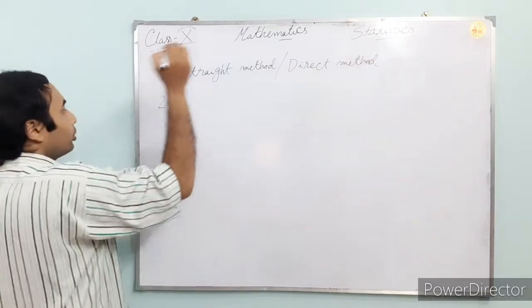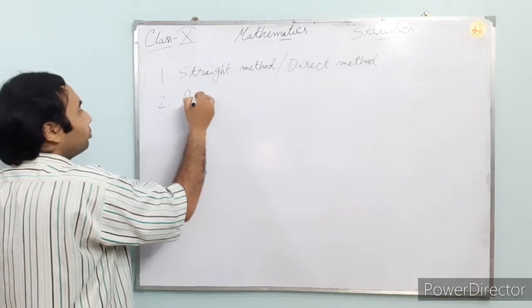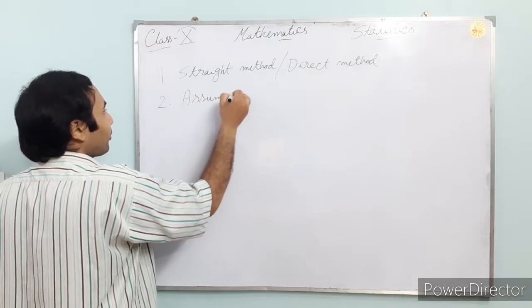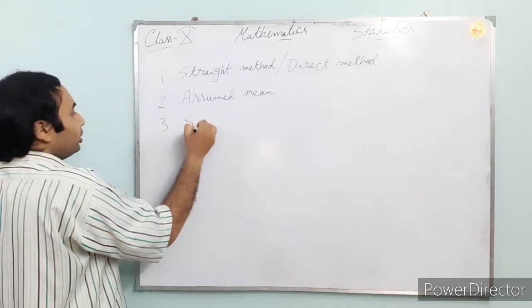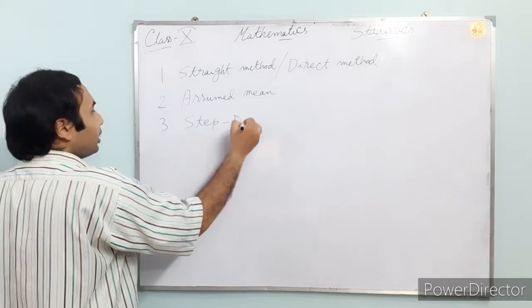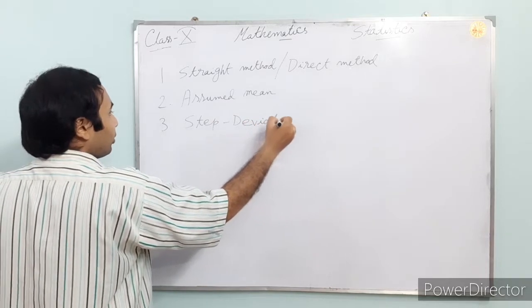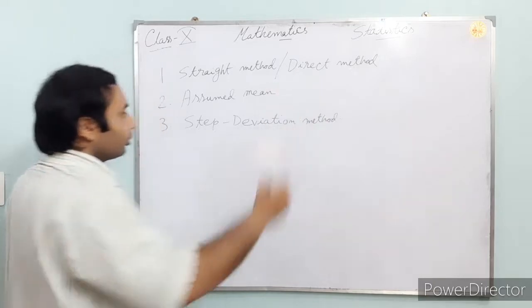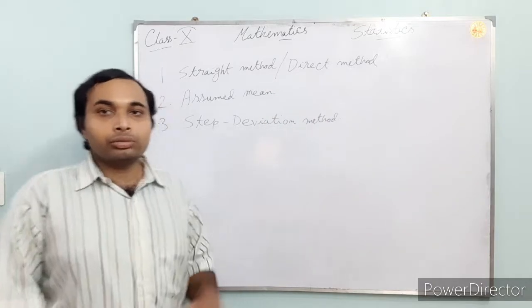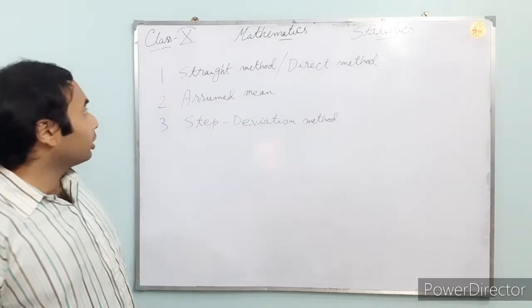Number two, the assumed mean method, and number three, the step deviation method. You can do it in any method within those three methods.